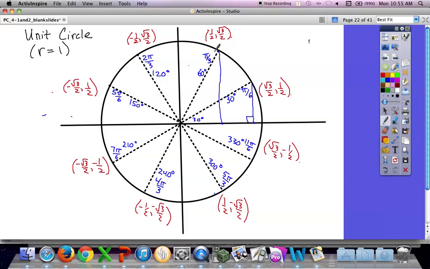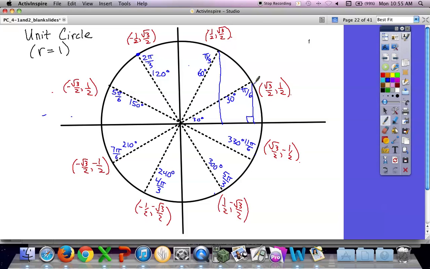And if I go over to this angle here, then what's changed? The only thing is that now we're going in a negative x direction. So the 1/2 becomes a negative 1/2. It's still positive root 3 over 2 for the y because it's above the middle, in the positive direction.